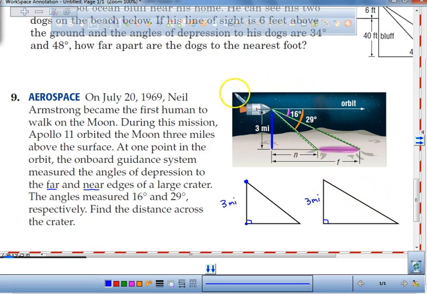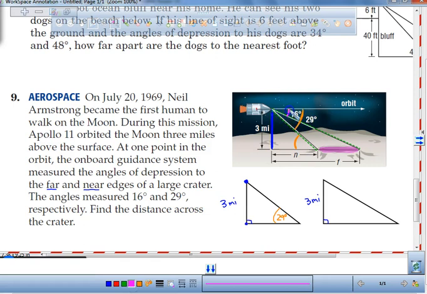Now, in this problem, we have two angles that we have to worry about. Does everybody see this 29-degree angle right there? That's going to be the same as this because those are alternate interior angles. So this angle right in here, what am I going to put as the measure of that angle? Put 29 degrees.